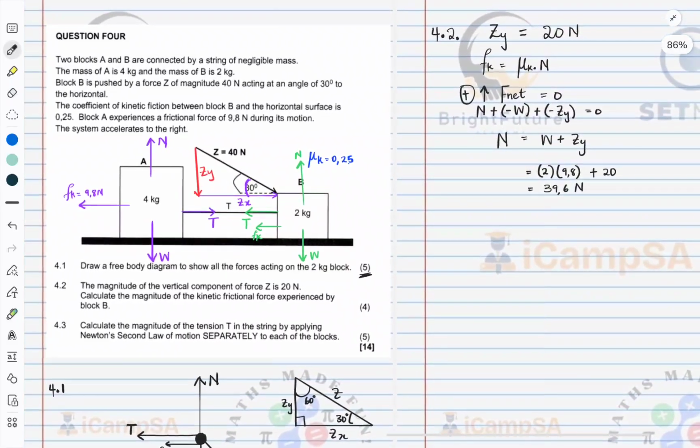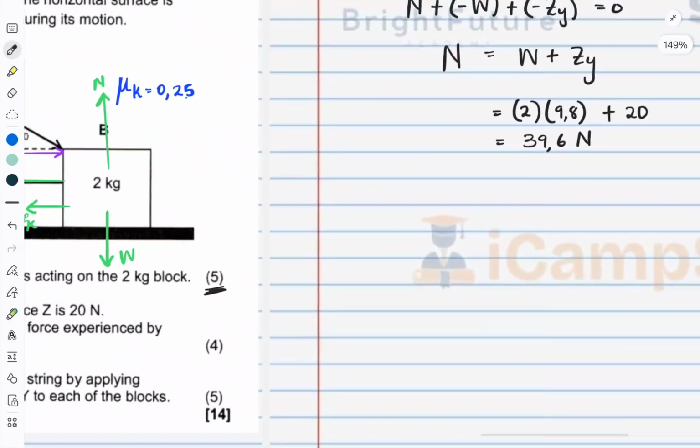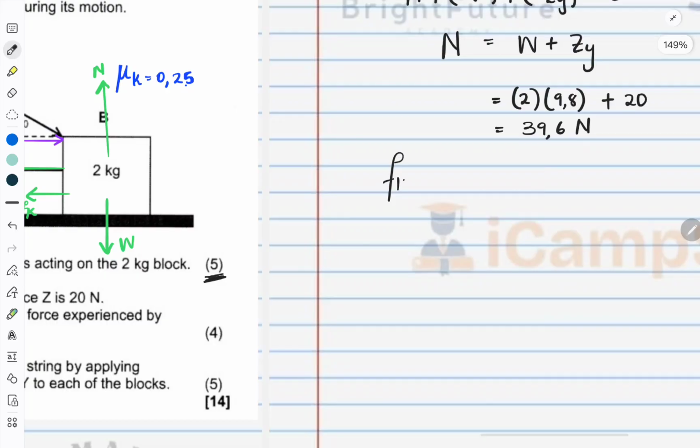Okay, now let's find our Fk. So we said Fk is simply mu k times N. Then we are told that mu k is 0.25, and our N, we just found it to be 39.6, and then times 0.25, I get that my frictional force is 9.9 newtons.